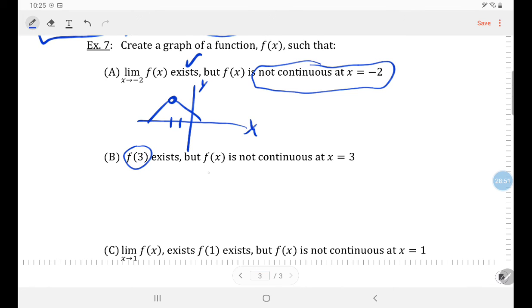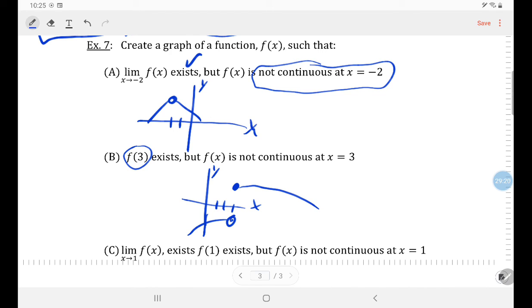F of 3 exists, so that means here's y, here's x. 1, 2, 3. It means I need a dot somewhere at 3 comma something, and it has to be a solid dot for f of 3 to exist. But f is not continuous. I could draw some vertical asymptote and then the dot on there, or probably the easiest way would be to say, okay, here's my right limit, pick something else, and then go a left limit that's different.